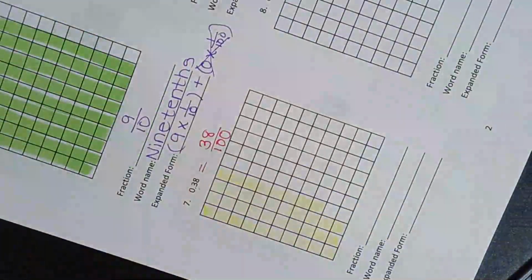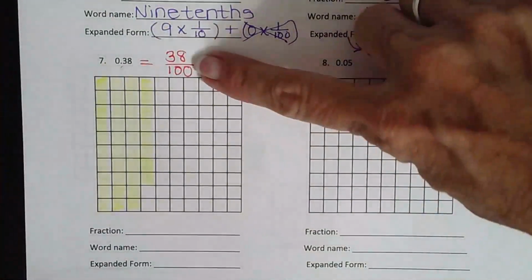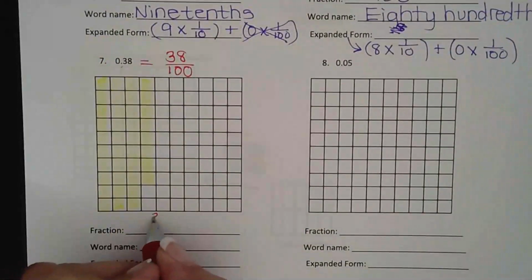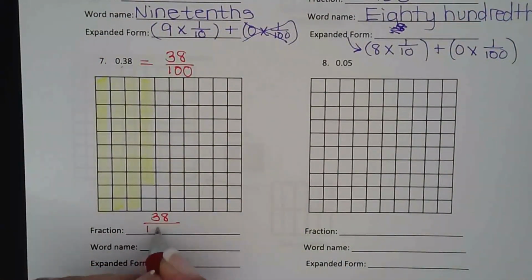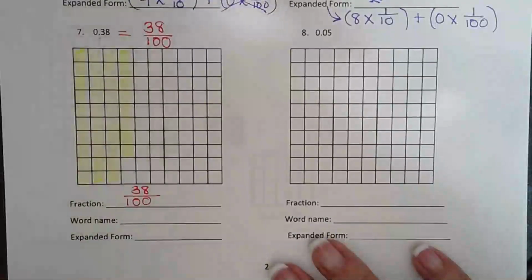Yeah, I think I'll lay off on the yellow for a while. And that fraction, as we already said, is 38 hundredths. And that's how we write it too. We write it and read it the same way.